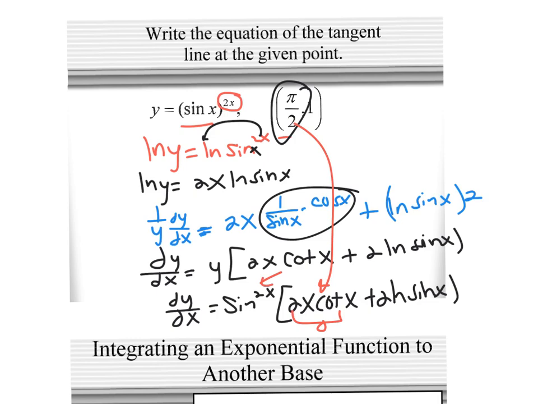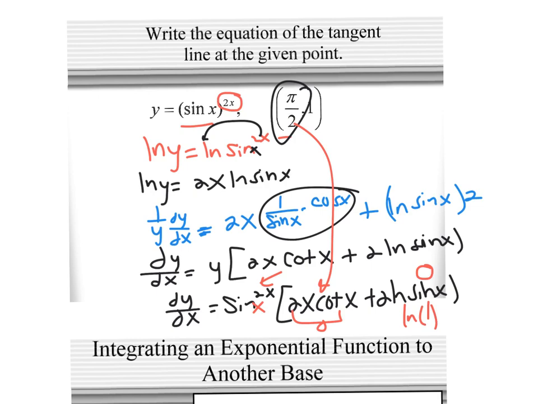This part is 1. That should be sine of x, aka pi over 2. So you end up with 0 times the original, because this is 0 as well, just so you know, sine of pi over 2 is 1. But then if you do the ln of 1, that's 0.